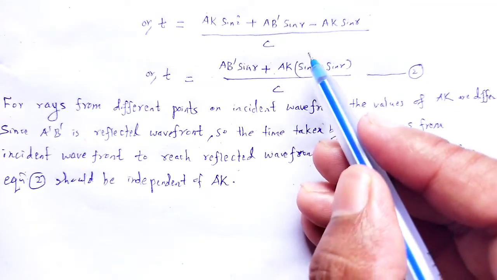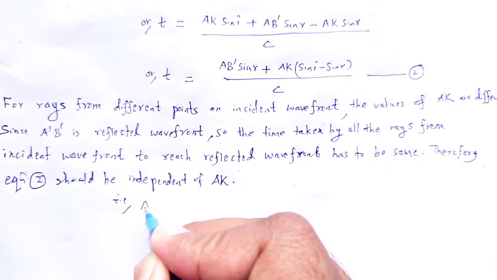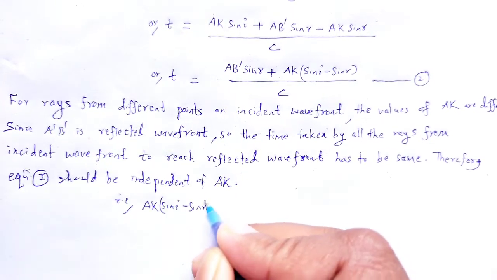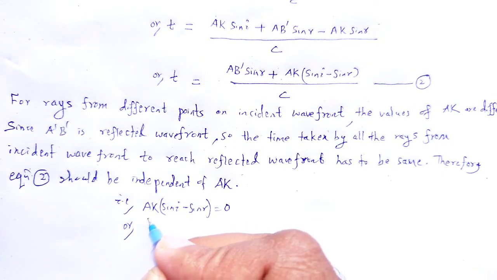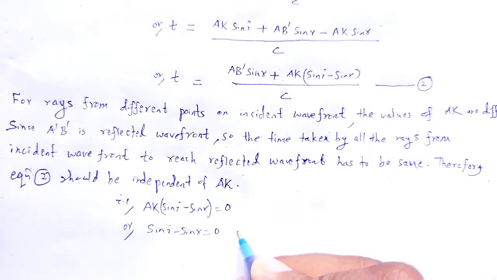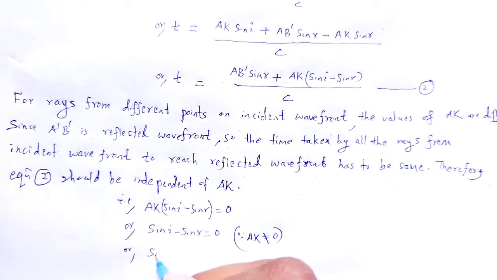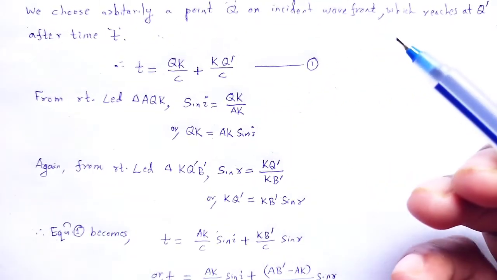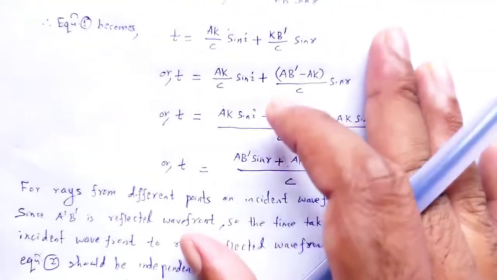Therefore, we write AK multiplied with sin I minus sin R is equal to 0. As AK is not equal to 0, the term sin I minus sin R is equal to 0, or sin I is equal to sin R. I is the angle of incidence, R is the angle of reflection.